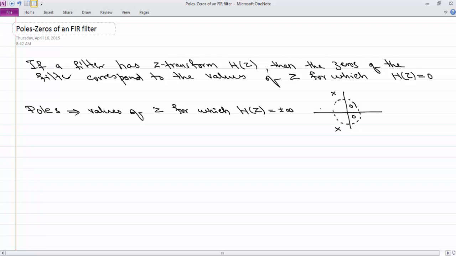Now, even though you may not have realized it, poles and zeros really tell us a lot about the filters and their properties.